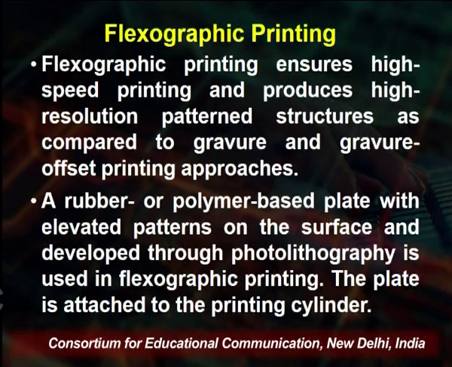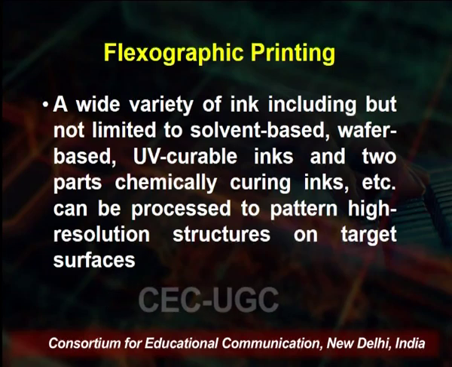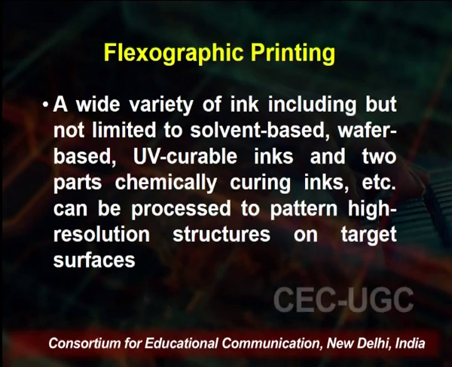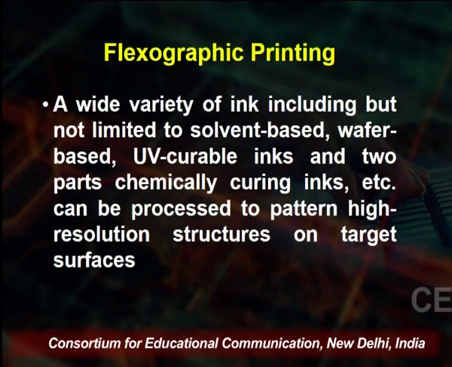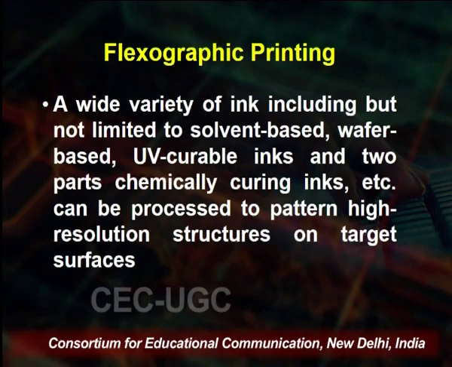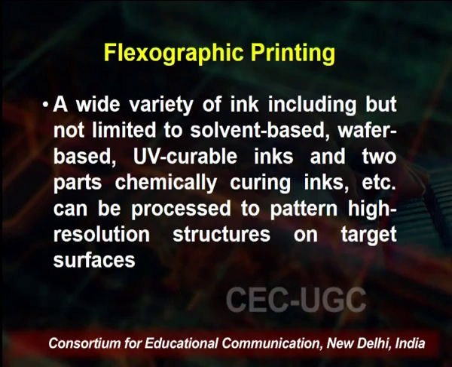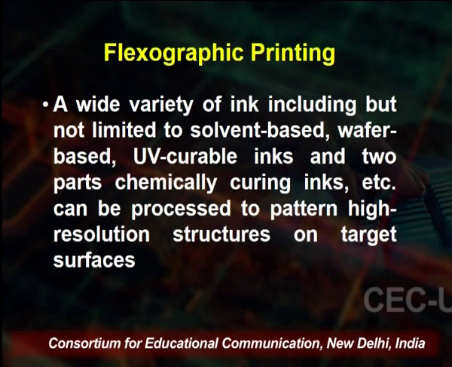The plate is attached to the printing cylinder. A wide variety of inks, including but not limited to solvent based, water based, UV curable ink and two-part chemically curing ink, can be processed to pattern high resolution structures on the target surface.